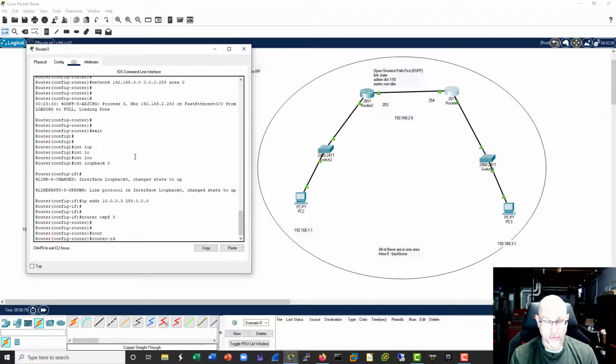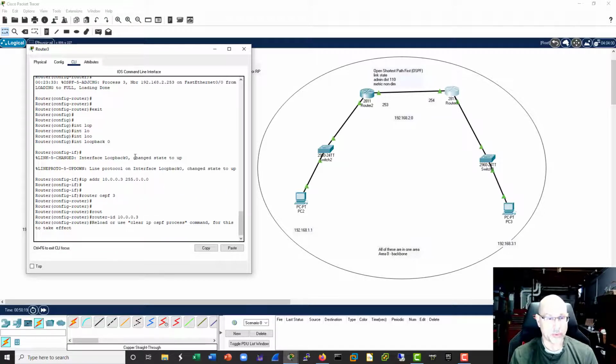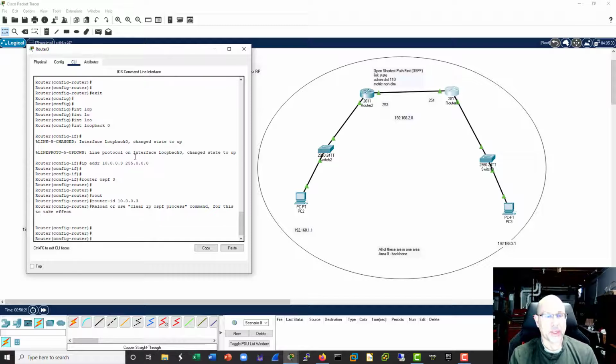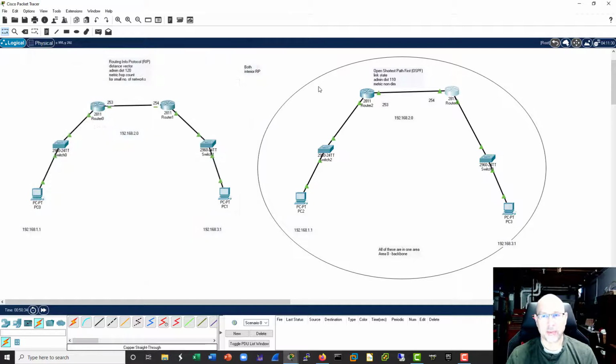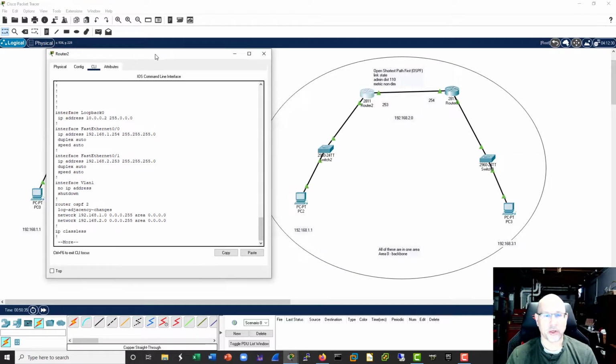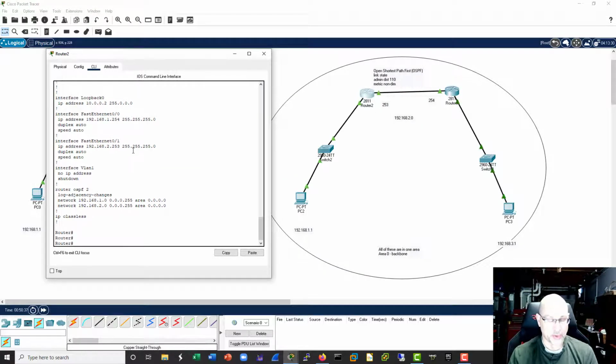And so we're going to say router ID, and I want to use this. Okay. Now, what this is saying is that you said this, but I already have a process that I'm using to establish what the router IDs were. So what I'm going to do is do the same thing over here, and then we'll clear the OSPF process, and that'll cause it to recalculate the link state database.